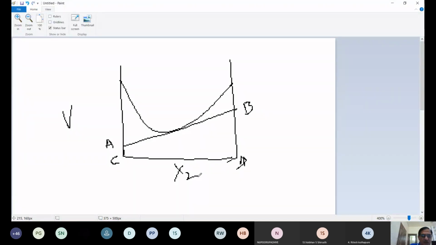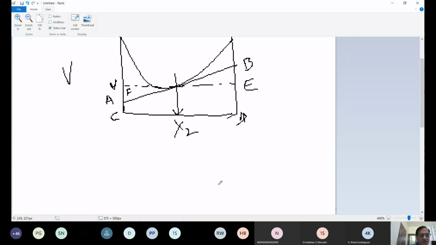Okay, so if I draw a tangent here, and this horizontal line is V. Okay, so what we have is BD is equal to B plus CD, right?